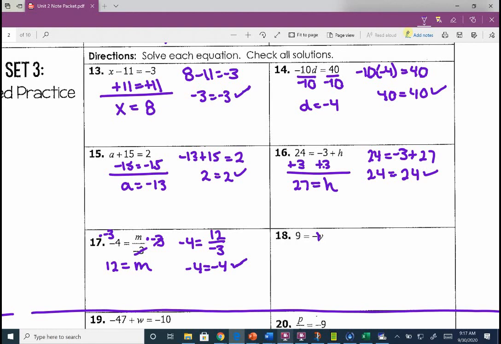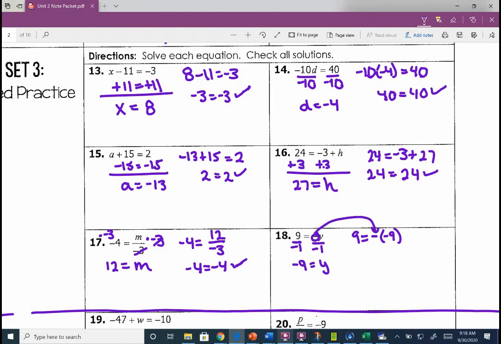Now, when we go to check, 9 equals, we have a negative sign in front of the y. In place of the y, we substitute our -9. So this negative sign in front is the negative sign that was part of the original equation. Double negative makes that 9 positive, so it does check out.